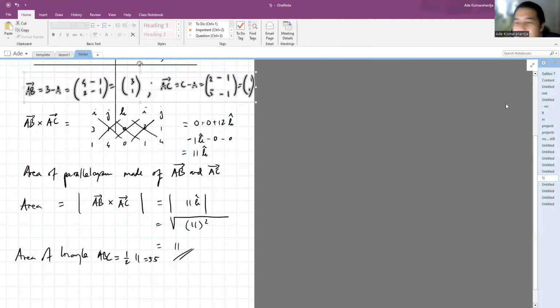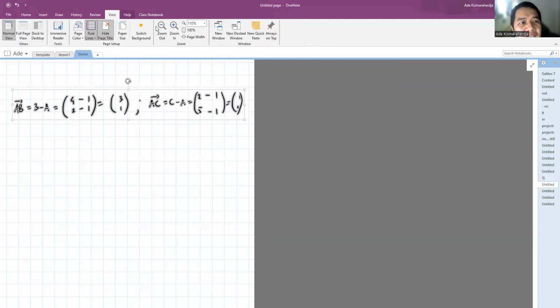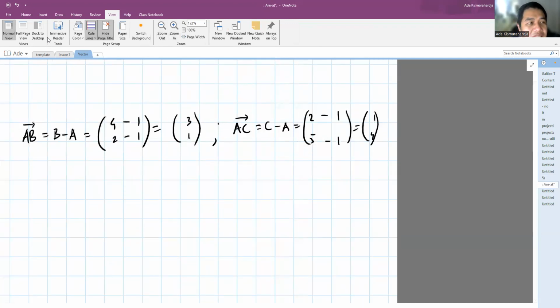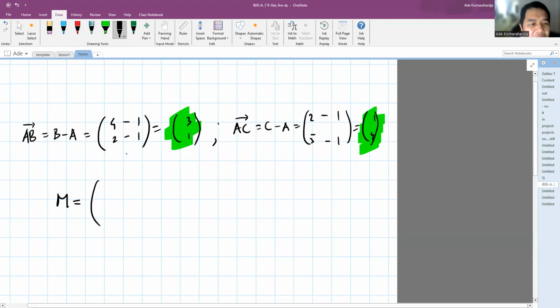So in this case, what I'm going to do is, instead of doing cross product, I will now create a matrix. So this matrix is actually made of those vectors. So what I'm going to do is I will put those in a matrix where the first column is the first vector, and then the second column is the second vector.